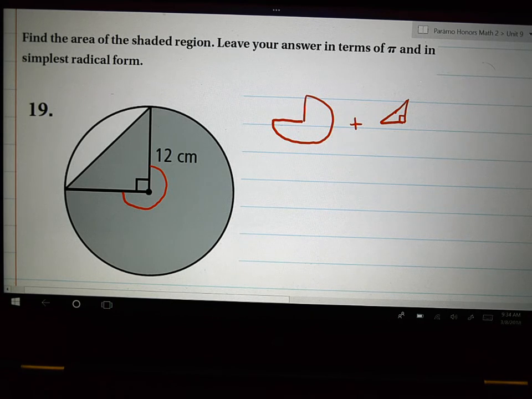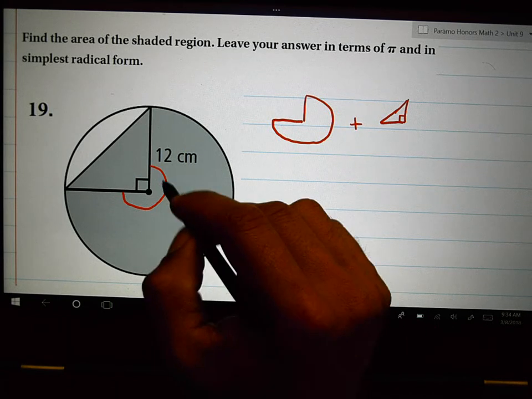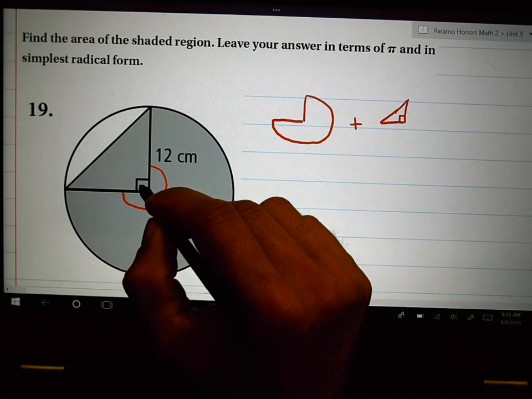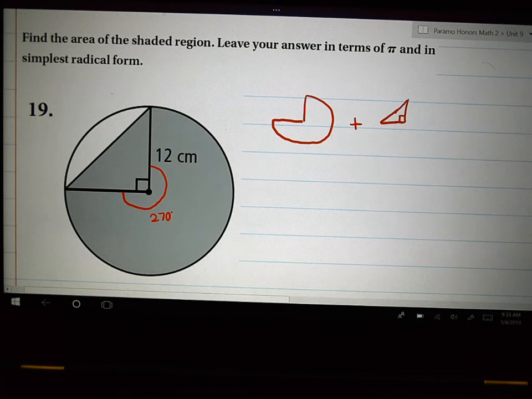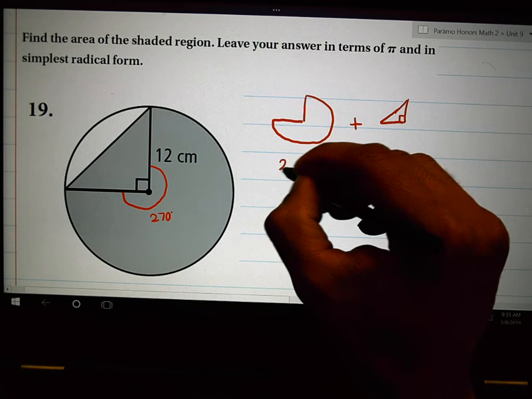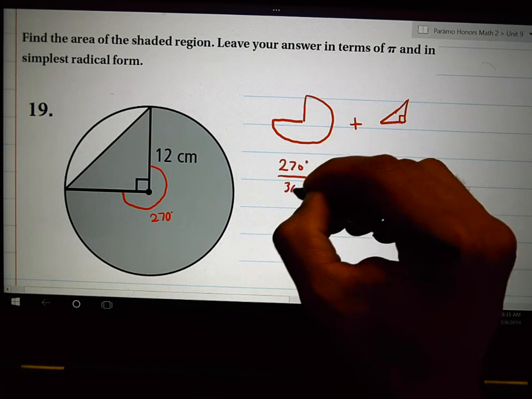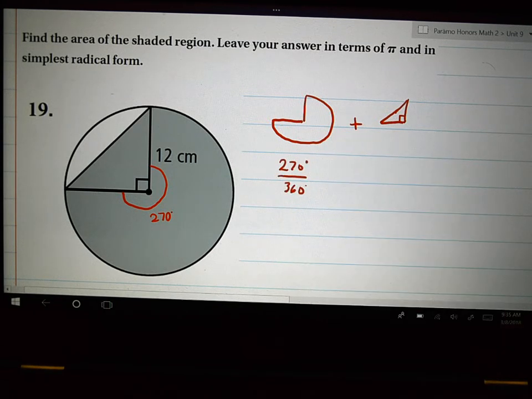You can decide however you want to do it. So I know that that is 90 degrees. 90 plus 270 is 360. So I know how many degrees this is. This is 270 degrees out of 360, which your common sense might actually take over here and say, why are you doing that, Mr. Promo?